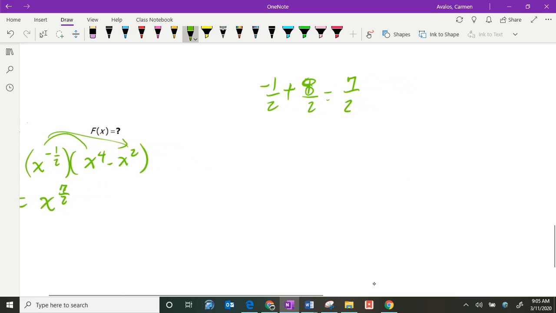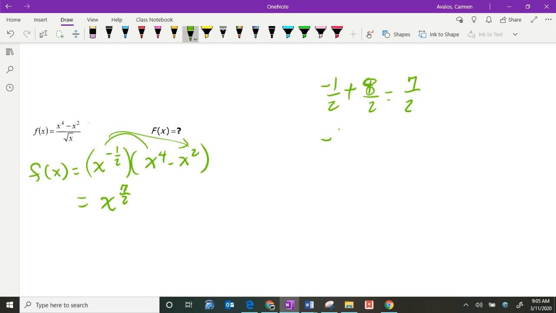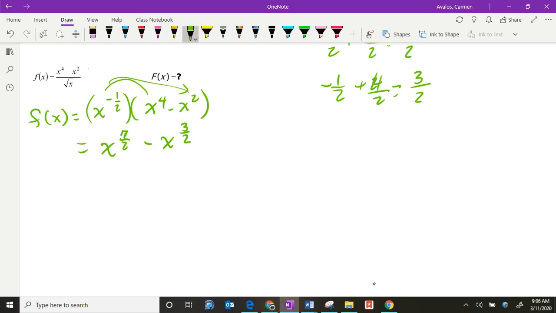And then we are going to do negative 1/2 plus 2. So that's going to be 4/2, so that's 3/2. So that's going to be negative x to the 3/2. So if I have that, I am going to take the antiderivative of it.